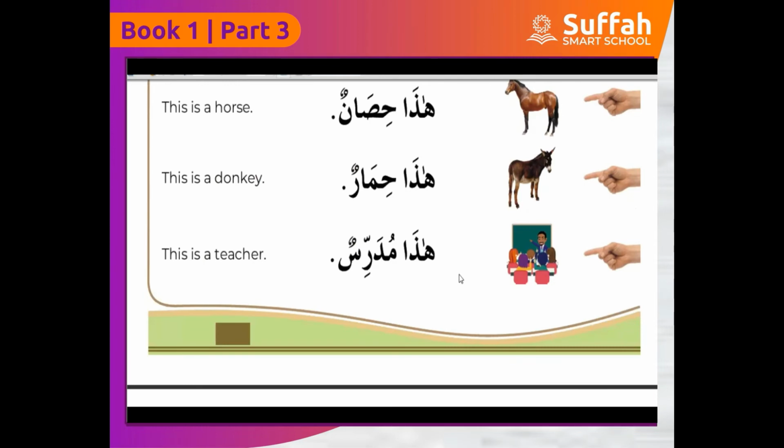Hada mudarrisun. So what does the dot at the end of the word indicate?